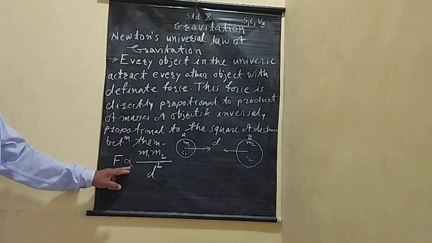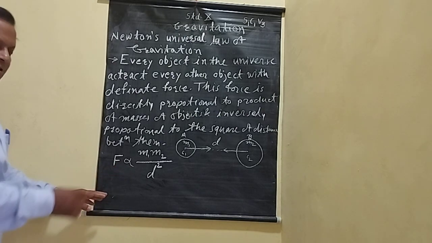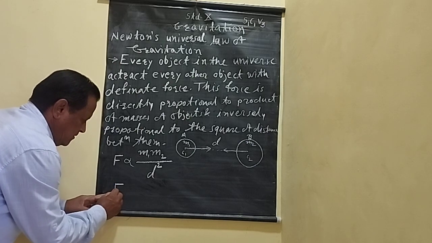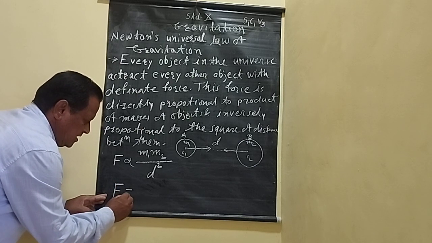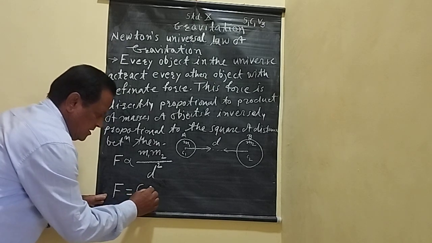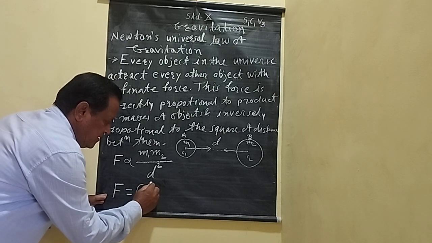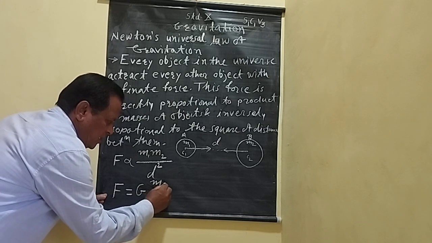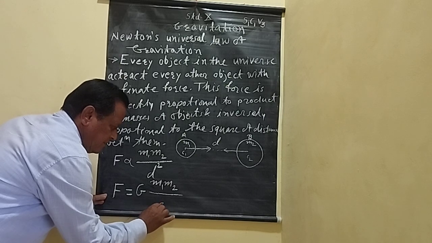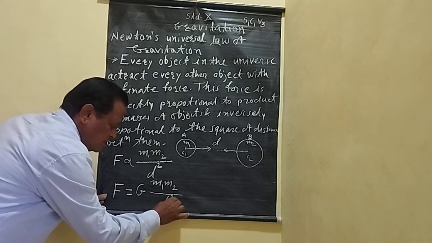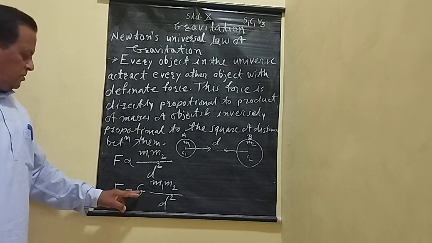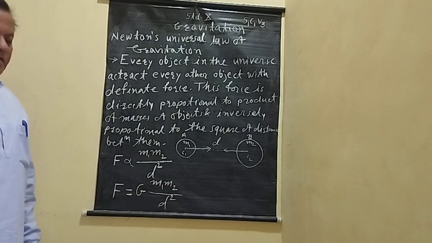Instead of the sign of proportionality, we can use a constant, and that constant is G. F is equal to G, the gravitational constant, multiplied by m1 m2 upon d square.